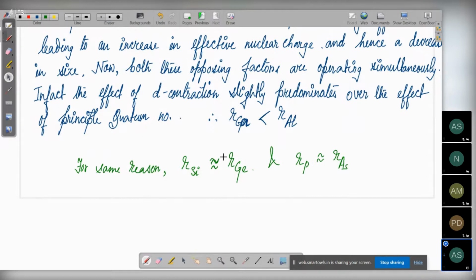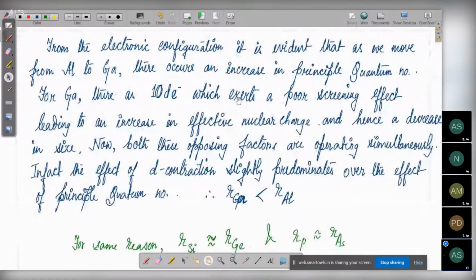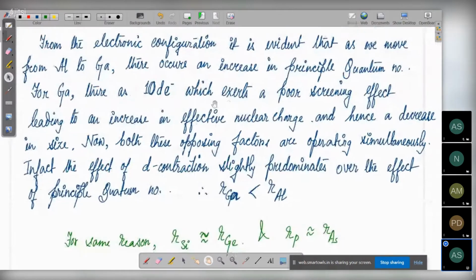Whatever questions you get in the periodic table, for most of them your answer will be based on two points. Either it will be the poor screening effect of f electrons or d electrons, or another way of solving the question will be writing down the electronic configuration.